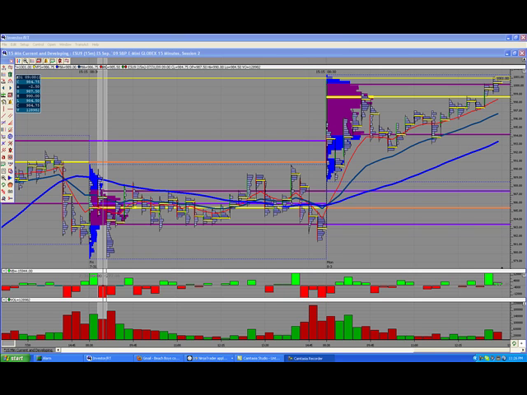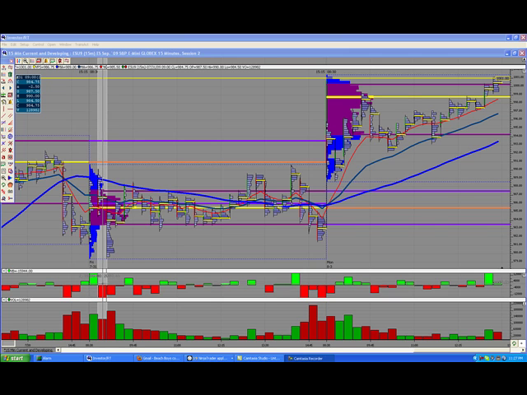So from a beginner's perspective, when they're hitting the bid, the market's going down. That means they're willing to go to the market on a falling price, and if they're lifting the offer, they're willing to go to the market and pay a tick higher as the market's going up.